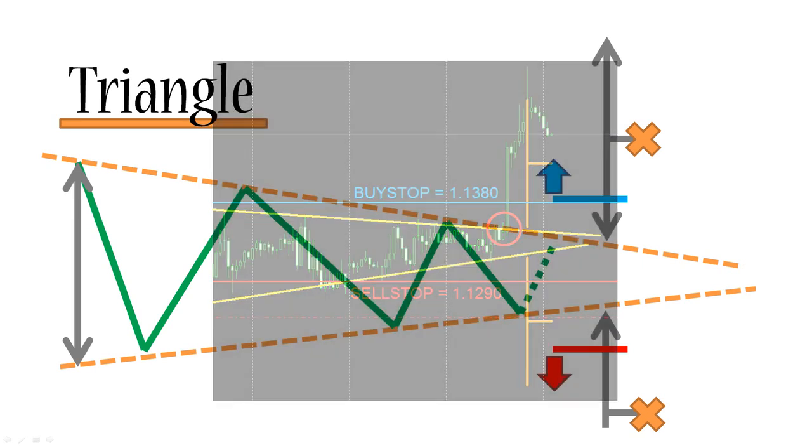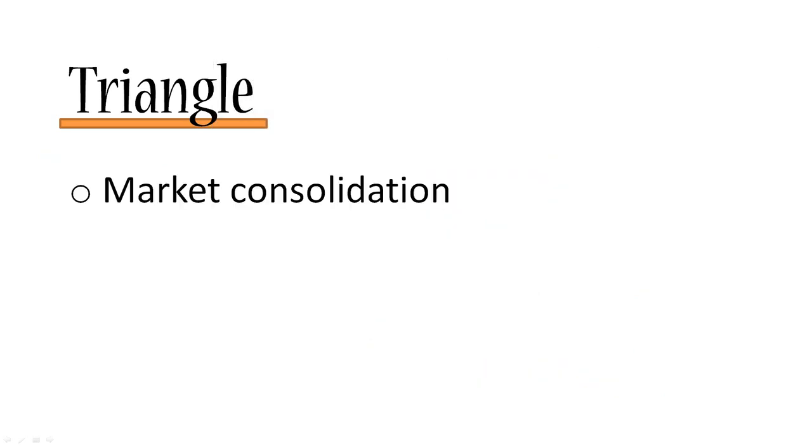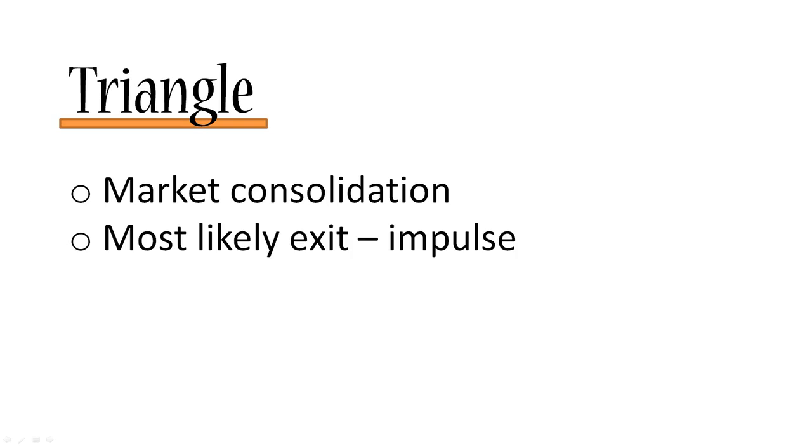So to sum up with the triangle, three main points. First of all, triangle means market consolidation, and it's one of those instruments of technical analysis that can actually picture the psychology of traders on the chart. So that is very powerful. It combines technical analysis and sentiment analysis in one pattern. The second point is that the most likely exit out of a triangle is an impulse.